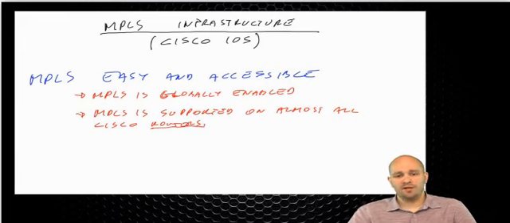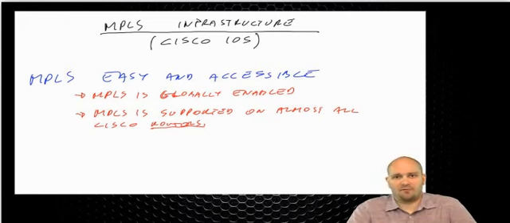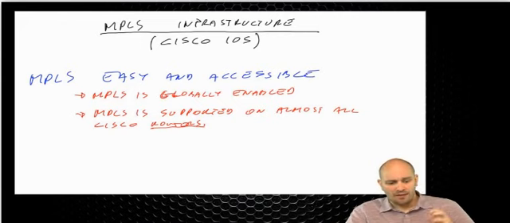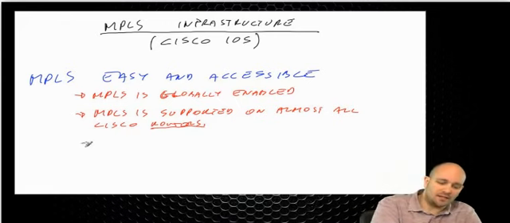And by Cisco routers here, I don't mean really low-end consumer-level devices that Cisco used to have. Of course, you're not going to see MPLS on Linksys, but by the way, I don't think that Linksys is part of Cisco anymore. But you are going to see it even on the smallest, let's say 800 or 900 series routers. It's there, it exists.